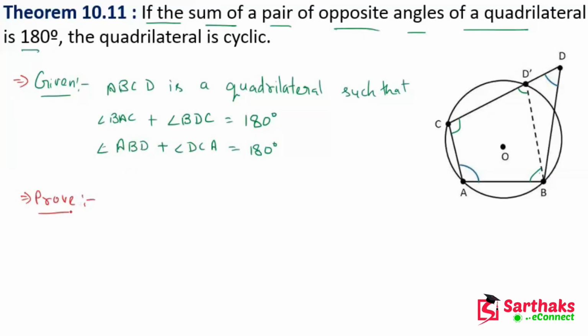We have to prove that ABCD is a cyclic quadrilateral.